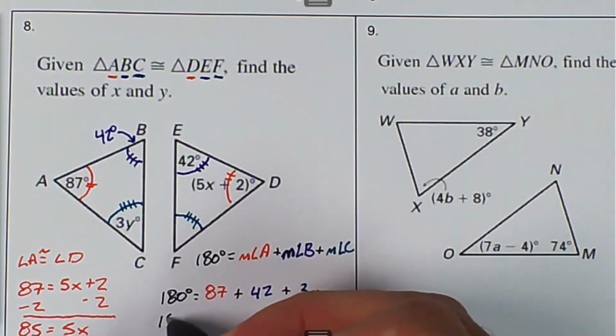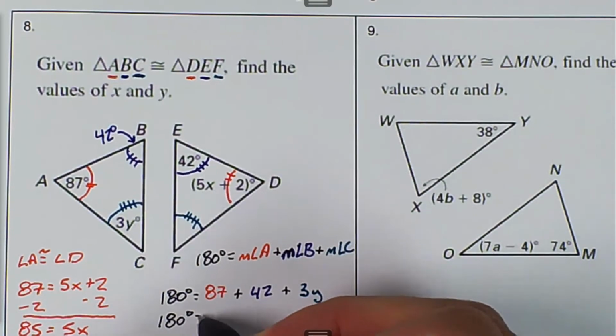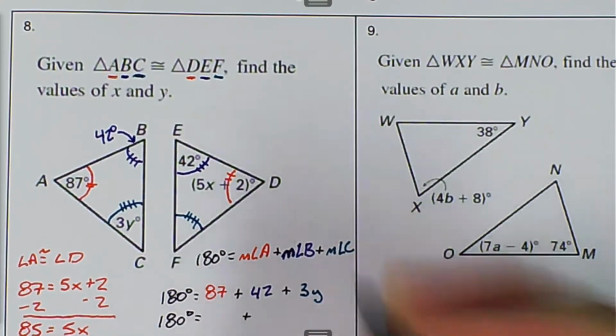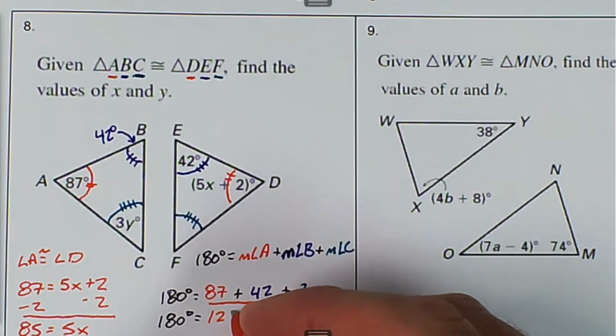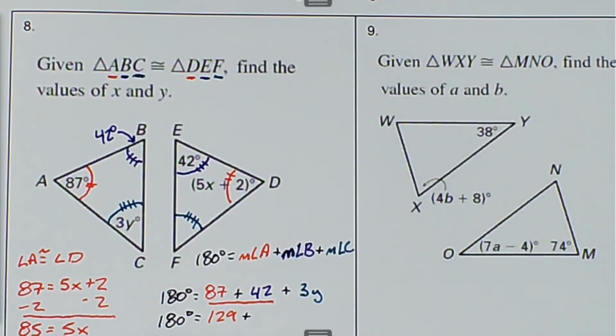So we can combine like terms. We know that this is going to be equal to 180 degrees, and we want to say 87 plus 42, and 87 plus 42 is 129, and then we still have that 3Y.